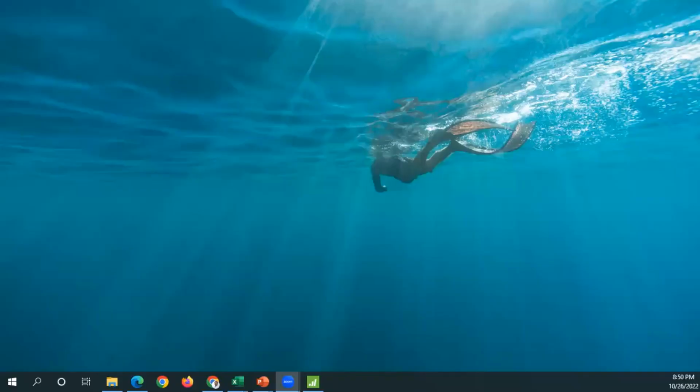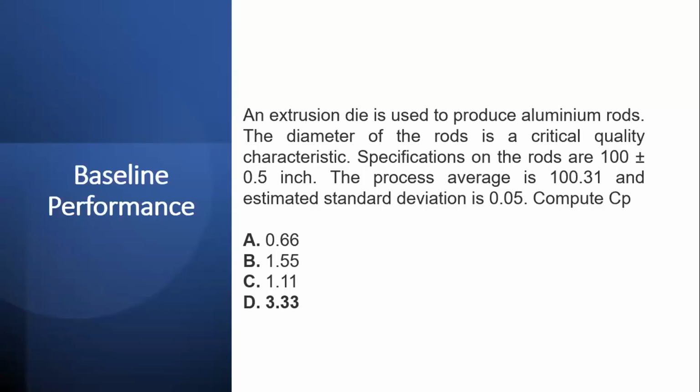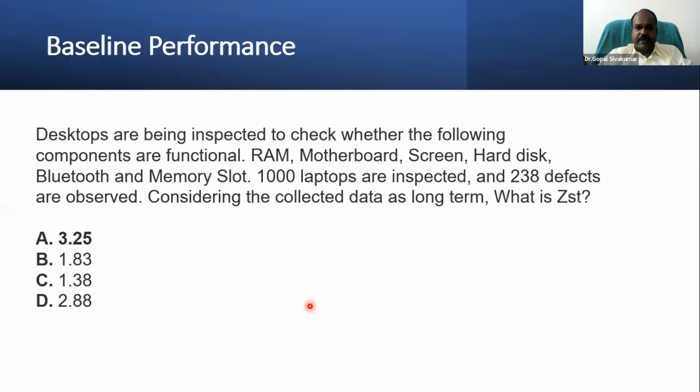Yes, sir. All right, so we proceed. All of you know how the 3.33 came. Now, desktops are being inspected to check whether the following components are functional: RAM, motherboard, screen, hard disk, Bluetooth, and memory slot.